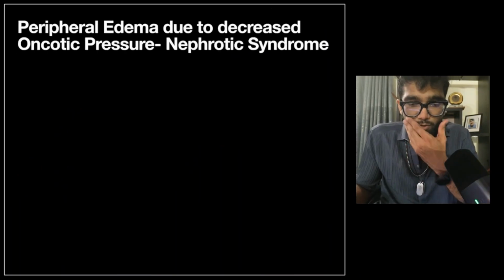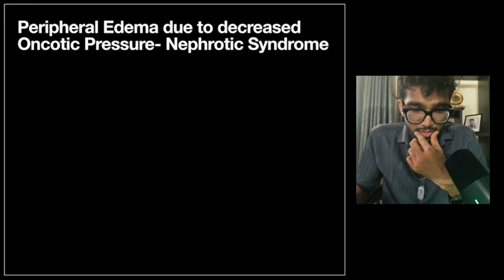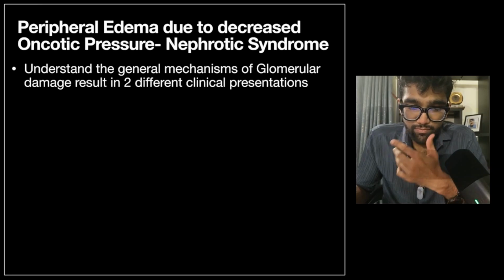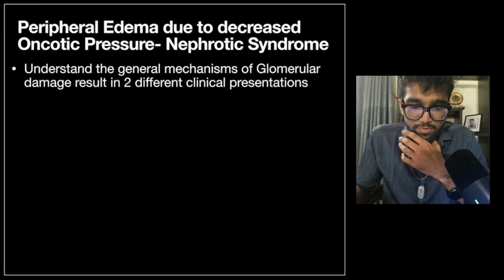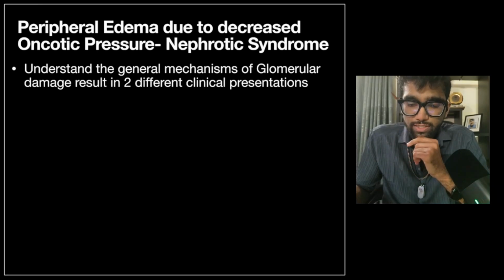Now we'll talk about how peripheral edema due to decreased oncotic pressure occurs in nephrotic syndrome. So the first step to this will be to understand the two general mechanisms of glomerular damage that result in slightly different and relatively mutually exclusive clinical presentations.